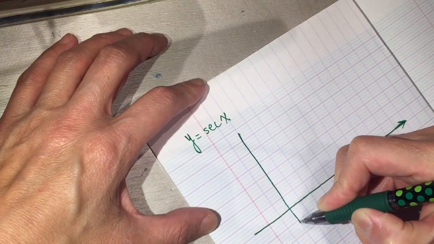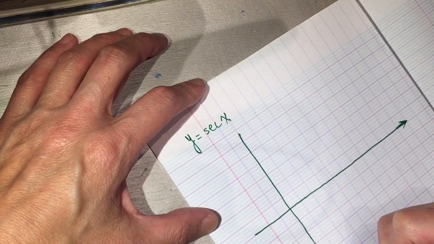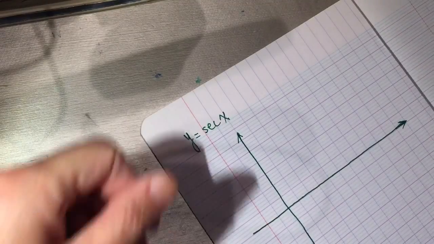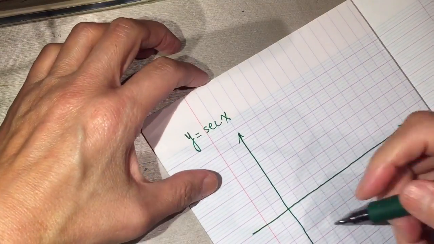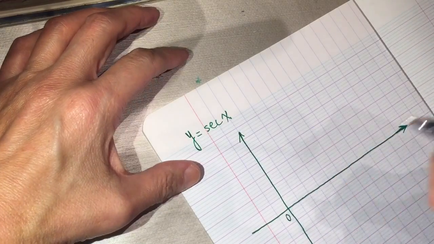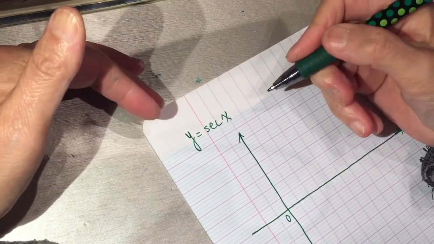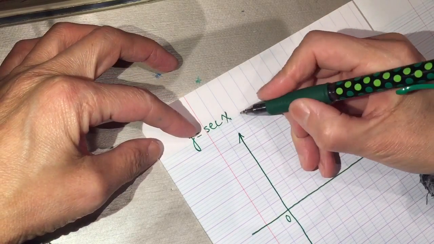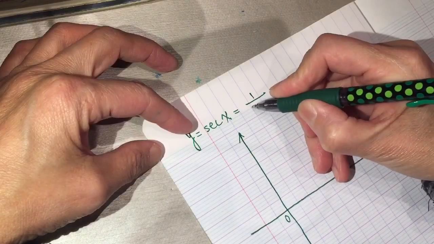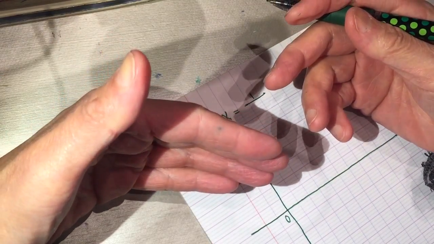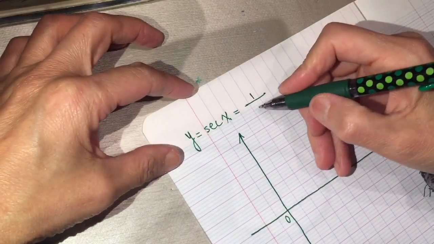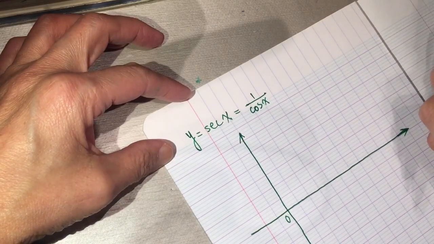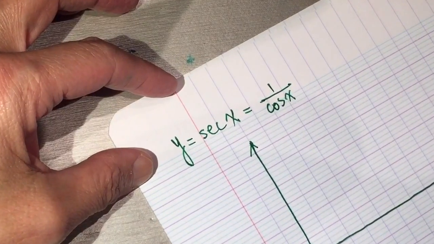So I will try to find it out by reasoning it, and looking at some other graph and looking at the textbook. So first we know secant is related with cosine. And secant is the reciprocal of cosine, right? This is established, right?